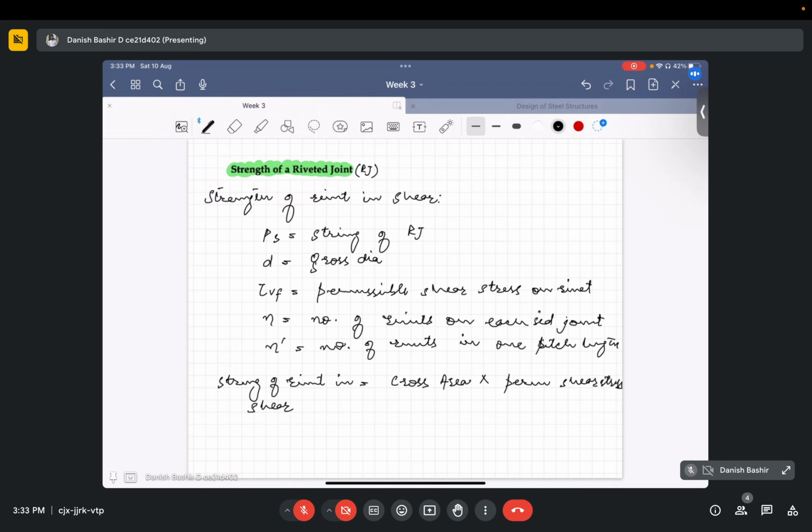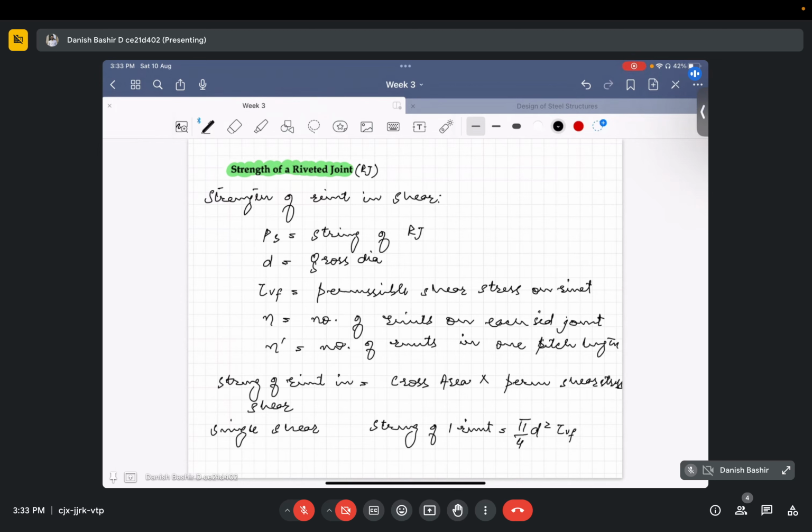I told you in earlier classes there are two cases, single shear and double shear. So first in single shear we will see the strength of one rivet. The cross-sectional area is pi by 4 d square times tau vf, the permissible shear stress.